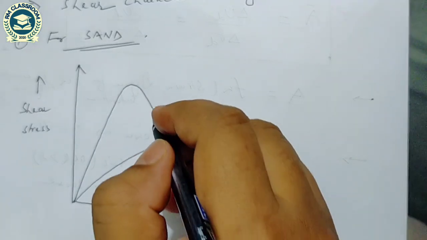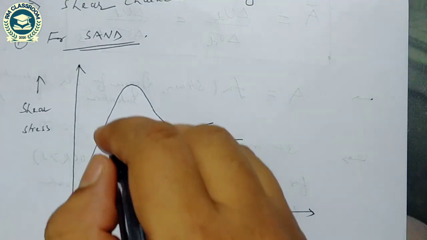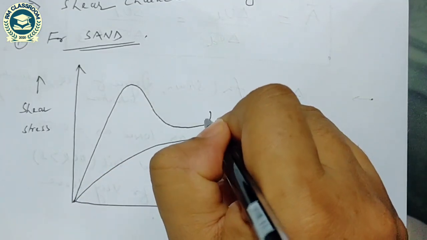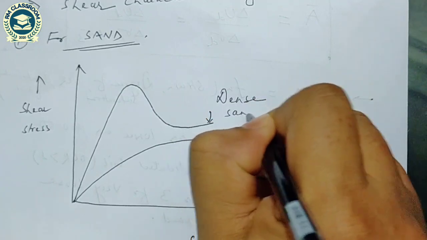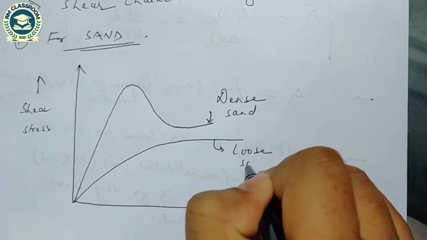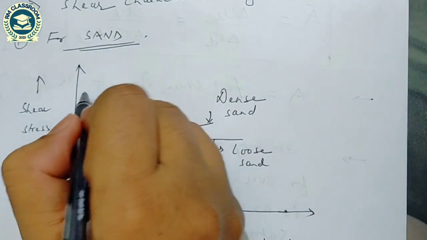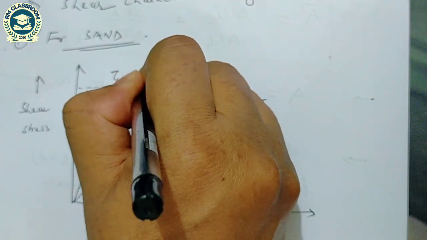These two are the shear stress versus shear strain curves. This is for the dense sand, and this is for the loose sand, and this is the maximum shear stress, tau peak.